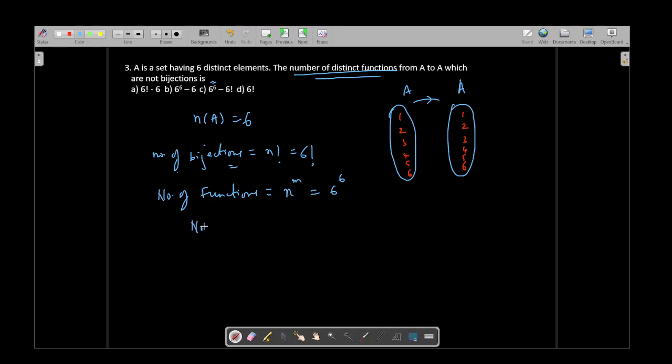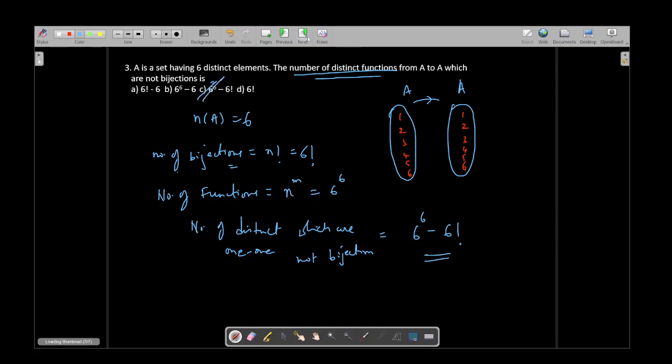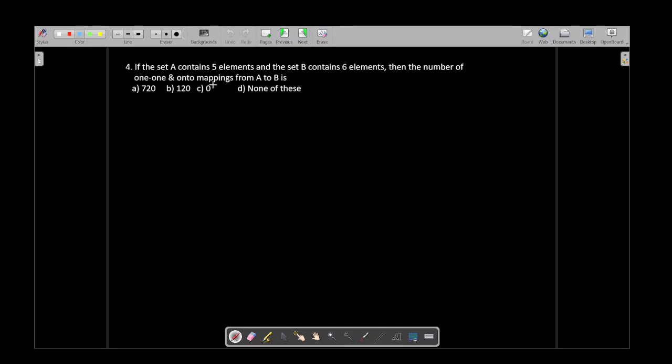So the number of distinct functions which are not bijection is equal to total number of functions 6 power 6 minus number of bijections 6 factorial. So this is the answer. Option C is correct.